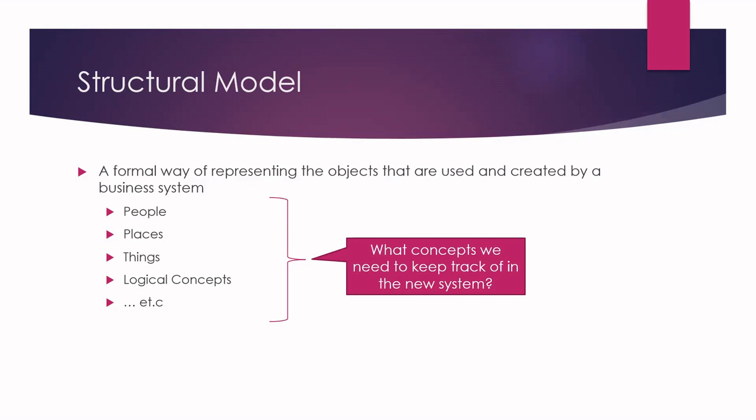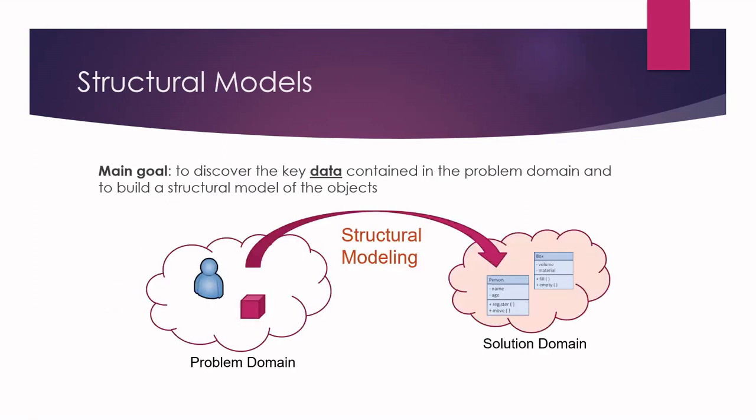Any important concept. Sometimes it doesn't have to be a tangible thing. It can be a logical concept, something like membership. Membership is not tangible, but it can be a class in itself as well, because it's a logical concept. So when you are looking at the problem statement, you want to turn what is important in the problem into a set of classes.